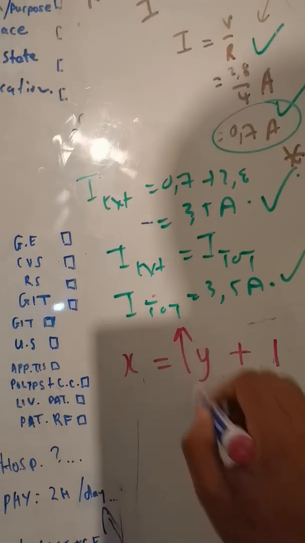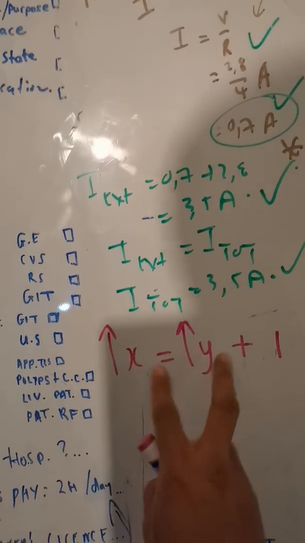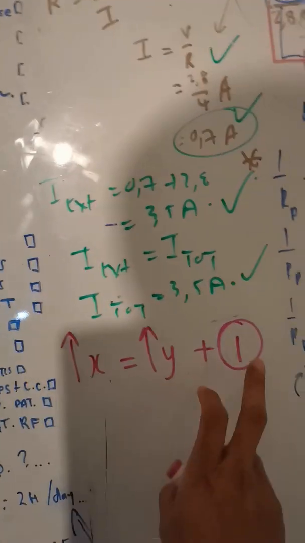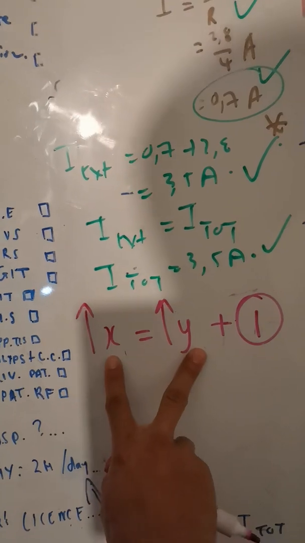Now let's say, for example, if y increases, what's going to happen to x? X is going to increase. So if the two variables and 1 is a constant, there must be a constant if you want to describe a relationship between two variables.